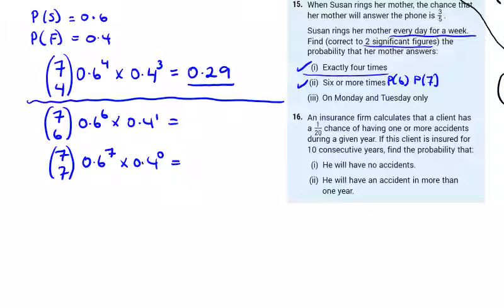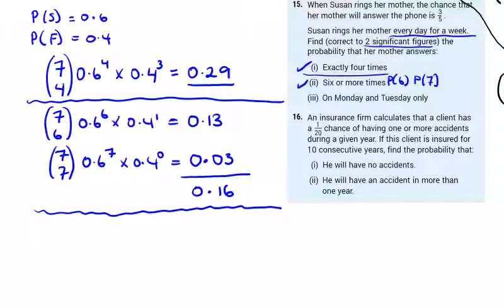If you want to include it to keep the same pattern each time, you'll never forget how to do them if you keep the same pattern. So this is going to give 0.1306. We just say 0.13 because of the significant figures. This was 0.0279, 0.03, which gives us 0.16 for 6 or more.